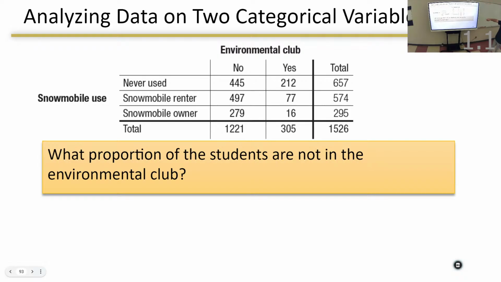What proportion of the students are not in the environmental club? Not in. Okay, fine. So we're going to take that 1221 and divide it by the 1526.